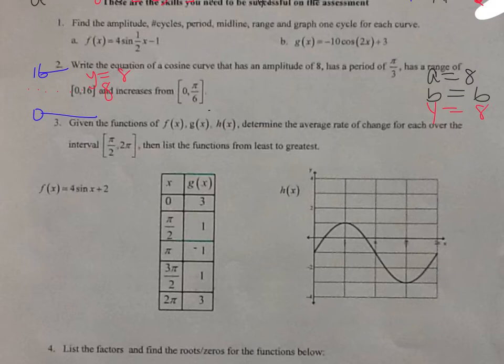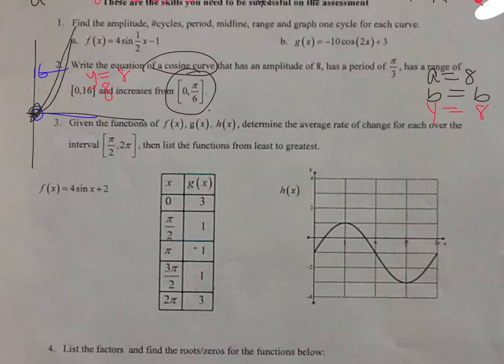And now this is important here. It says it's increasing from 0 to pi over 6, which means since it's cosine, and from 0 on your axes it's increasing, it means it's going up like this. So that means it's starting down at its min. So that means actually your A over here has to be negative.